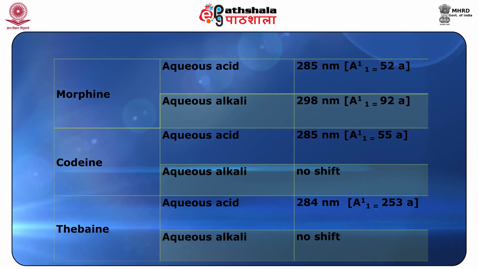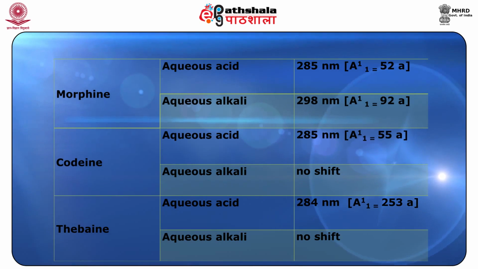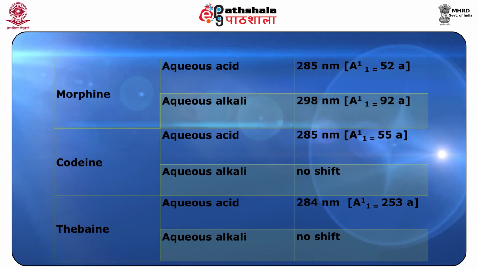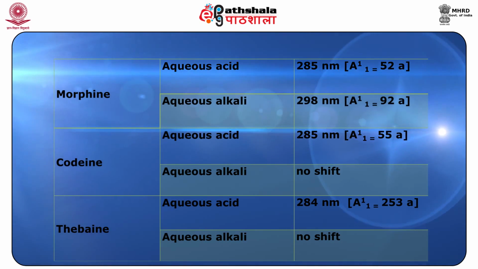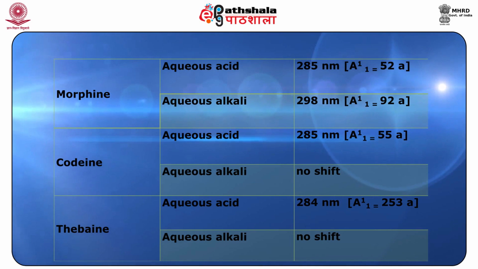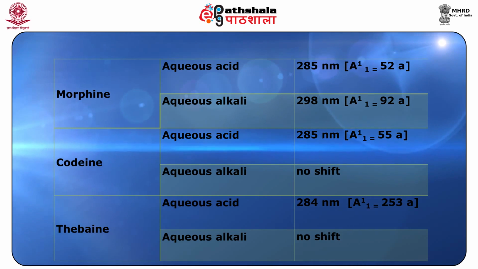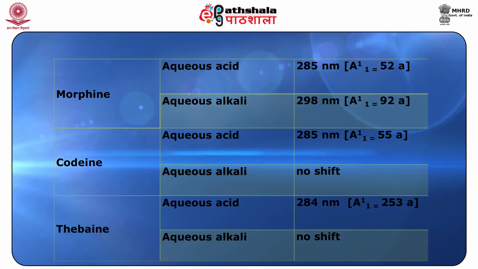Then in codeine, aqueous acid at 285 nanometer and aqueous alkali will show no shift. In case of thebaine, aqueous alkali will show no shift, whereas aqueous acid at 284 nanometer.